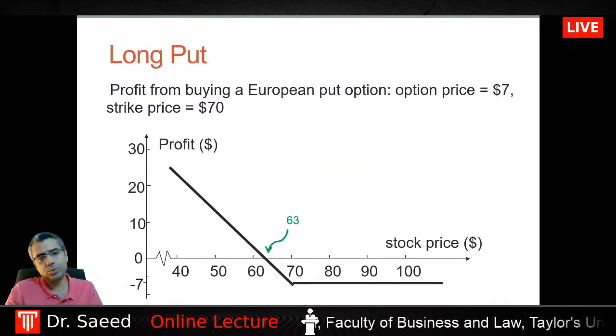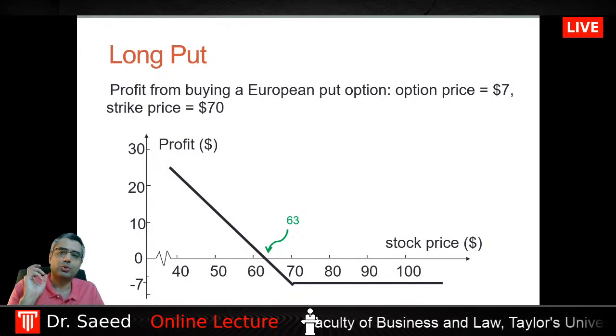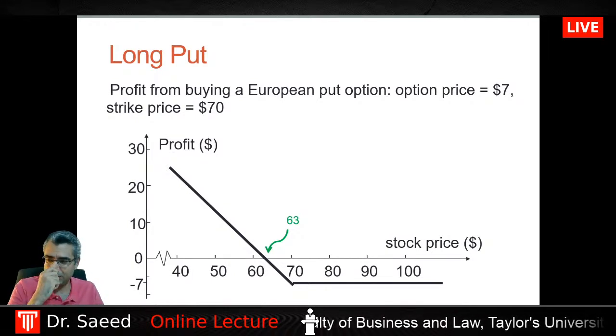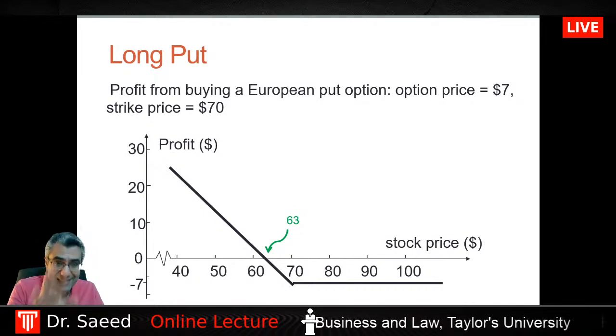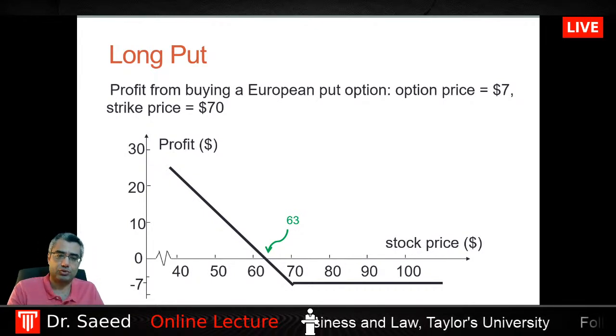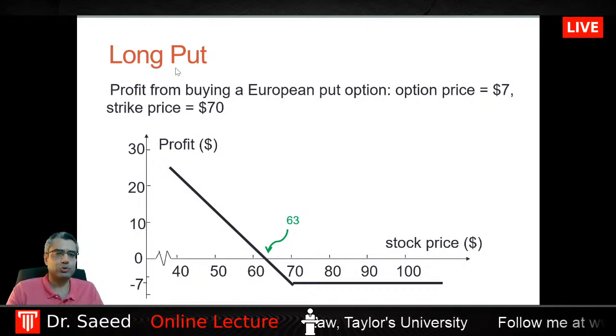What about long put? The person who is long put has the right to sell the underlying asset at the strike price. In this example, the option price, meaning the premium, is $7, and the exercise price is $70. Suppose you long put.